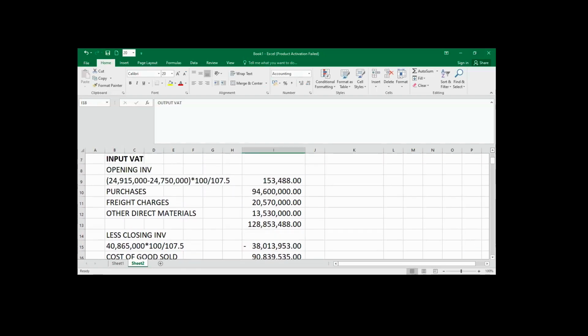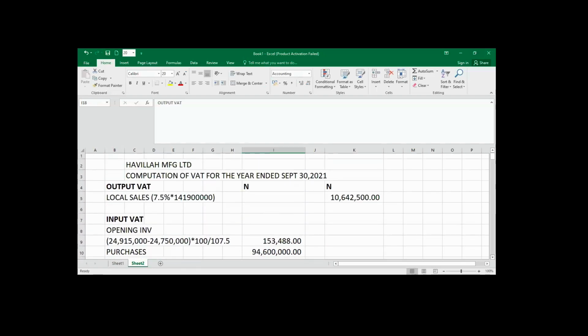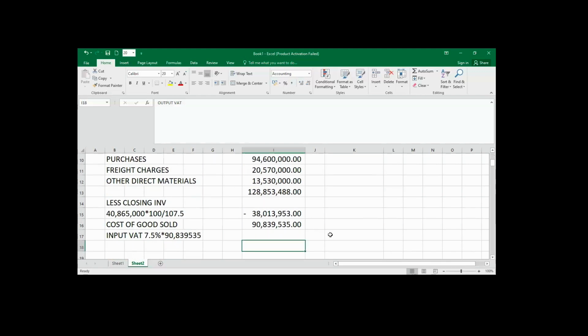So the resulting figure will give us the value of the input VAT, which we are going to less from our output VAT. That will give us 68,12965, which is the input VAT.